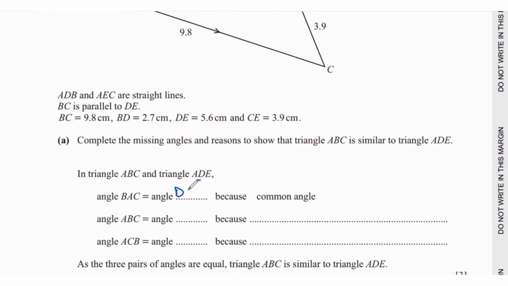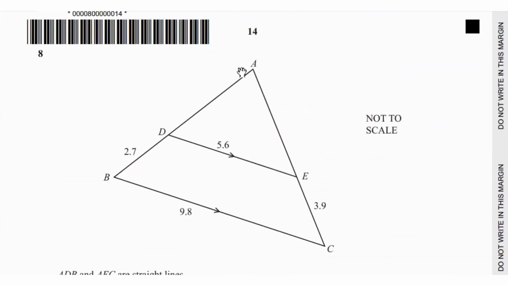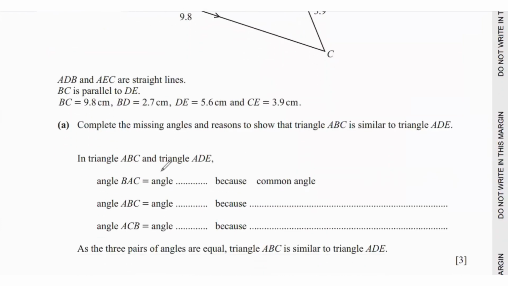So DAE. Then angle ABC is equal to angle ADE because they're both corresponding angles. For these, you need to know your angle and parallel lines properties.